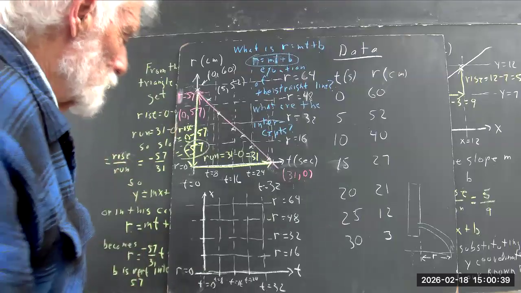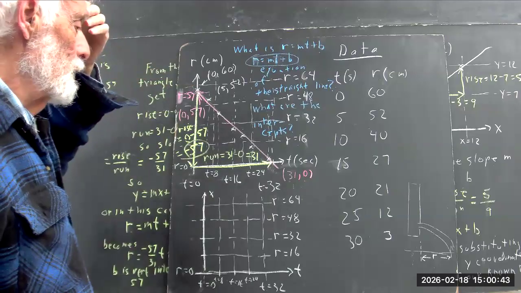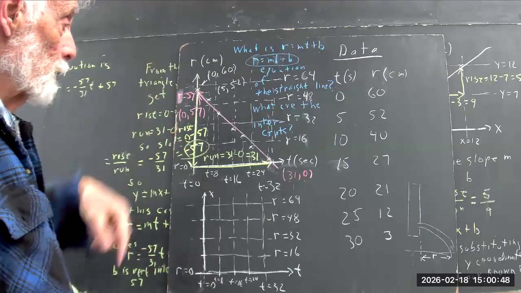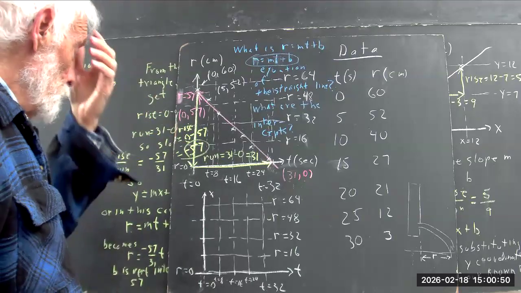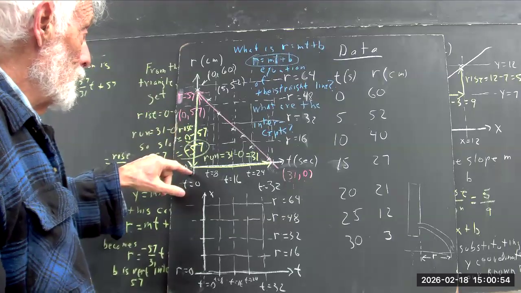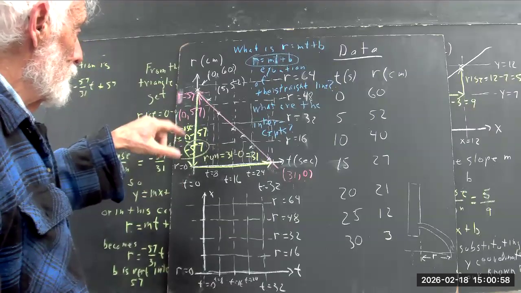Now we want a way to calculate that. When you calculate the arrow from one point to another, you subtract where it starts from where it ends. So you're going to subtract 57 from 0.